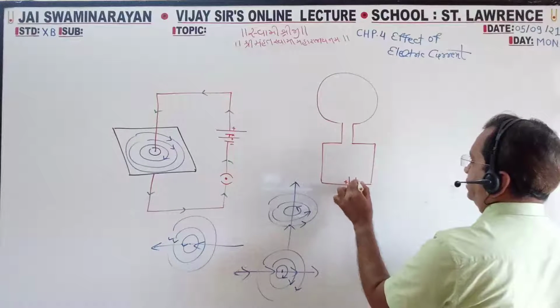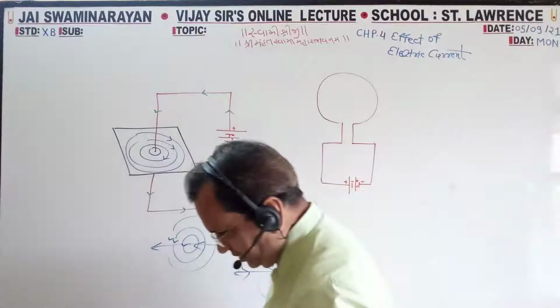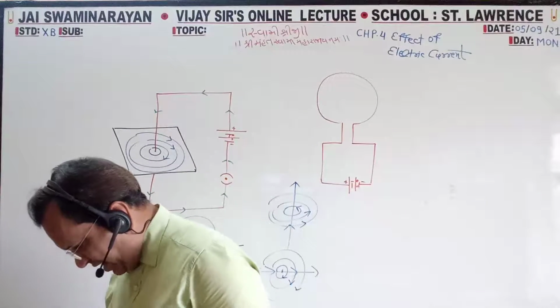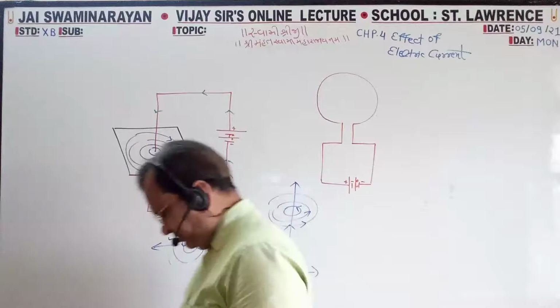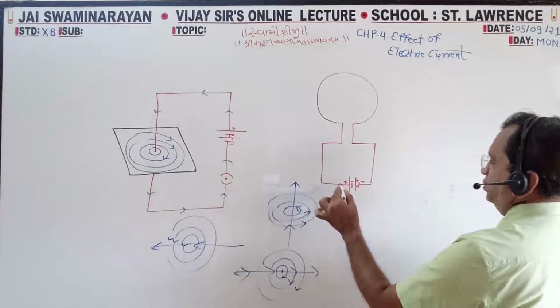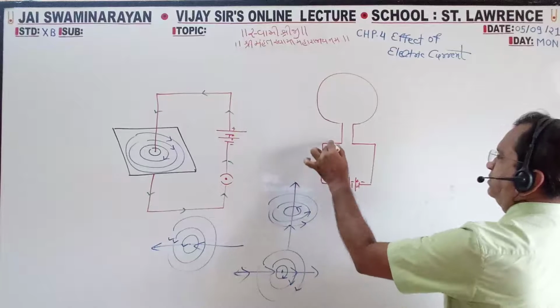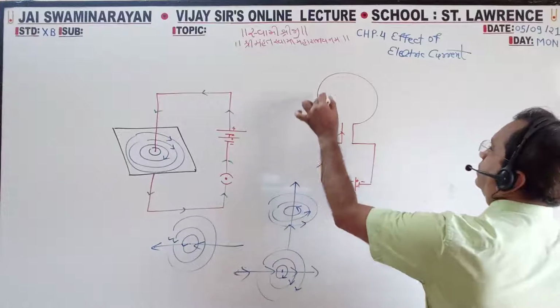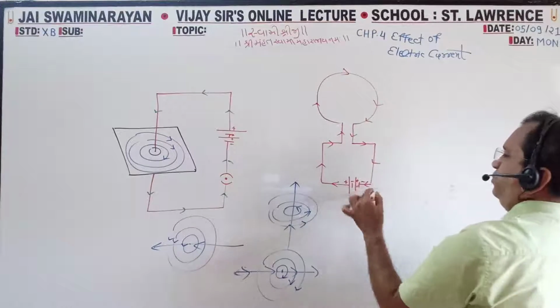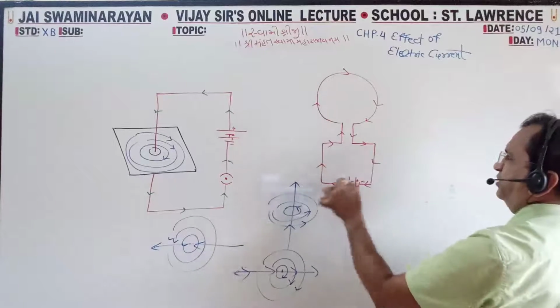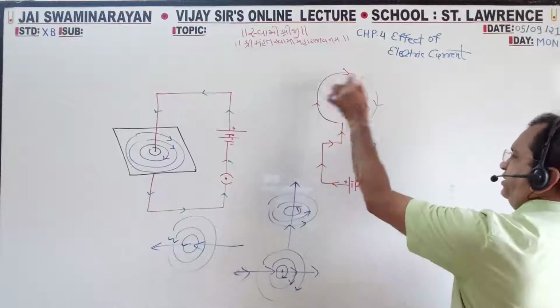Positive, negative, positive, negative. Two or more cells make a battery. So to the positive. First complete the circuit from positive to negative, from positive to negative, from positive to negative.